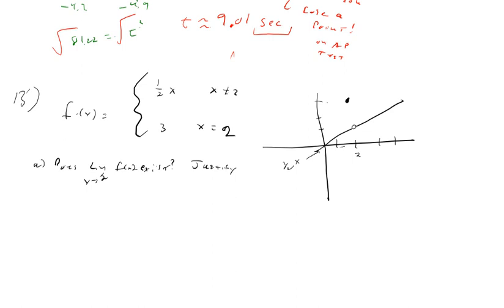When it says justify, we need to use definitions. Whenever it says to justify, it means you're going to use some kind of definition. Could be the definition of continuity, could be the intermediate value theorem, could be lots of definitions. For this problem, it's asking if a limit exists.